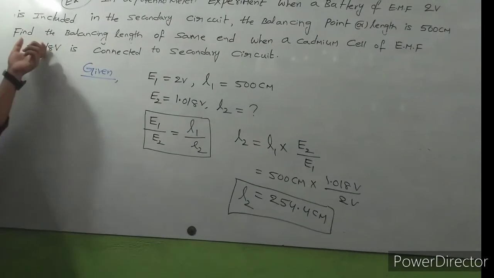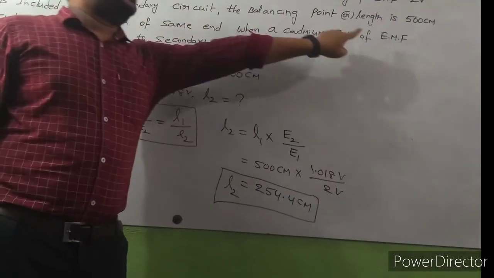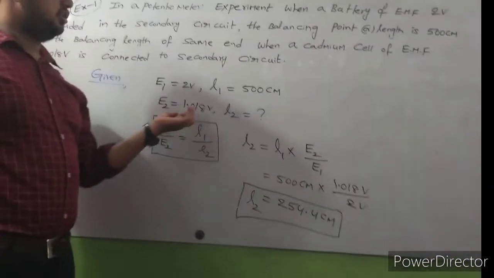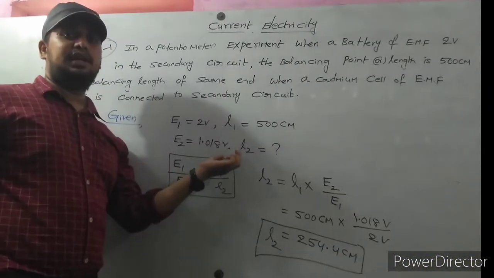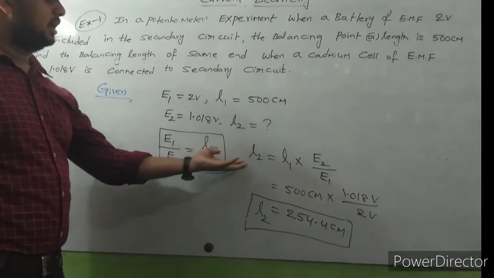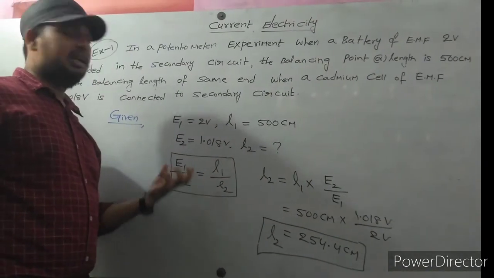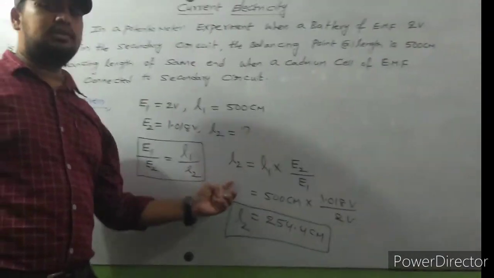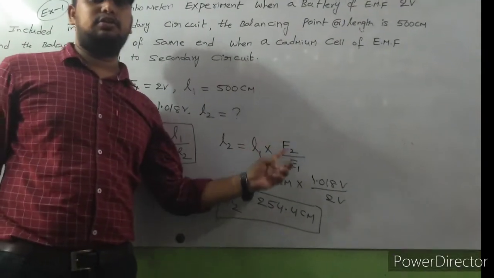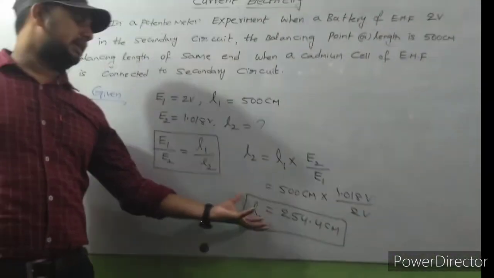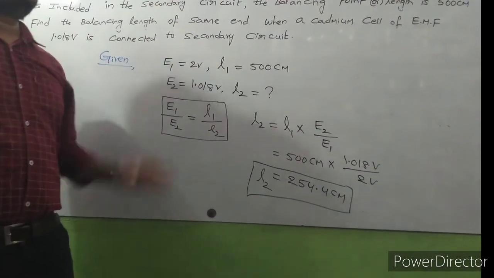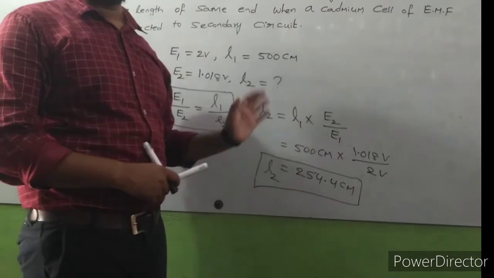Next, cadmium cell of EMF 1.018, that E2 value is given. L2 value we need to find. By using the formula E1 by E2 is equal to L1 by L2, L2 is equal to L1 into E2 by E1. So from that we will get L2 value as 254.4 centimeters. So this is the solution of this question.